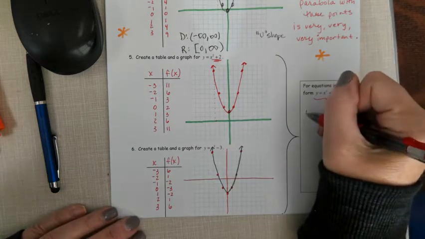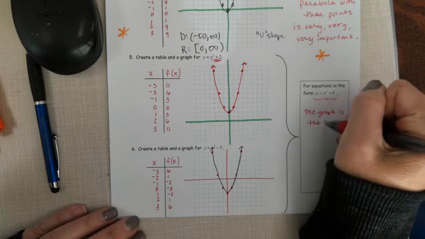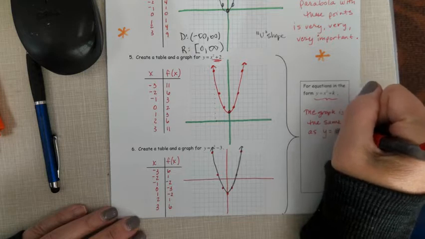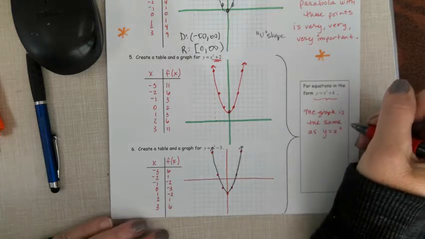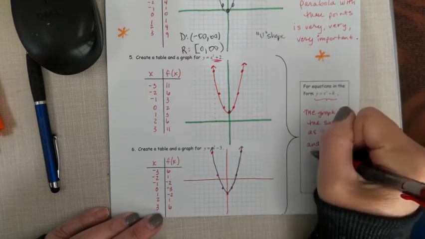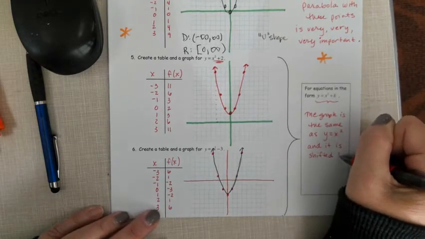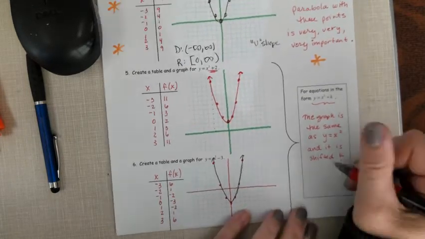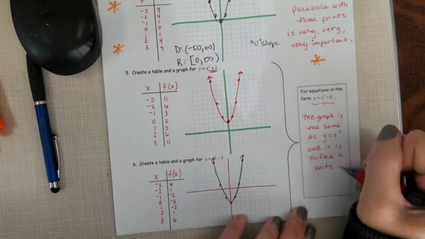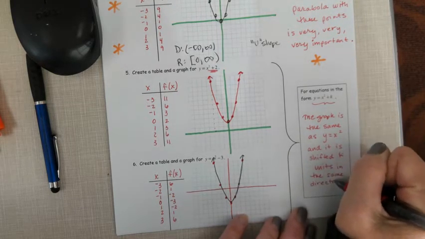The graph is the same as y equals x squared, and it is shifted k units in the same direction as the sign.